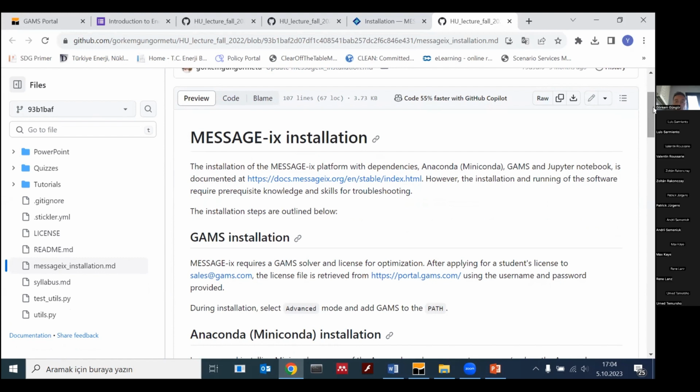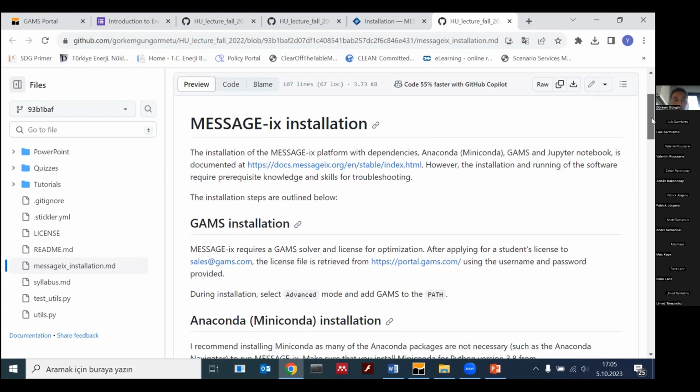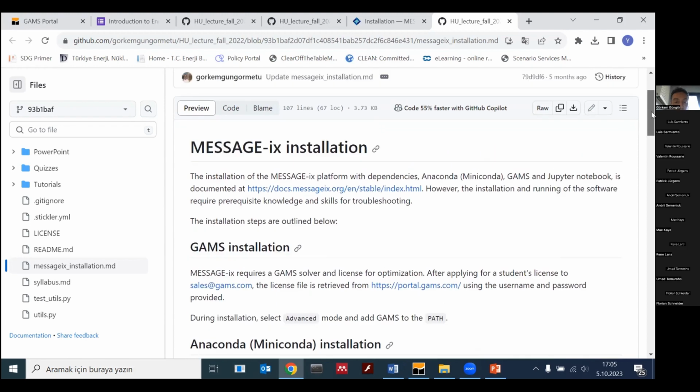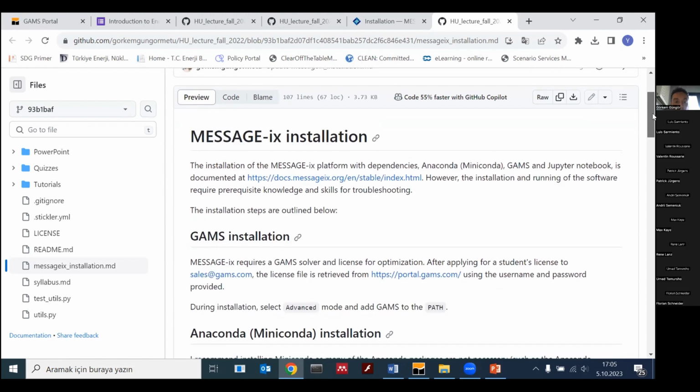It is a packaged software that can be distributed to countries as a non-profit research software application. But today, as we are in an international environment, I will be providing the examples using MessageIX.